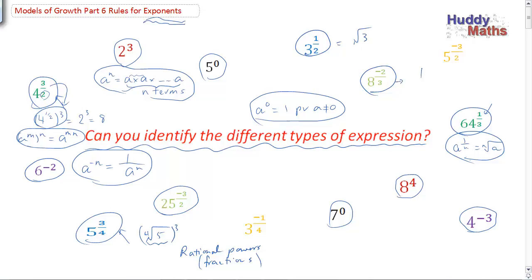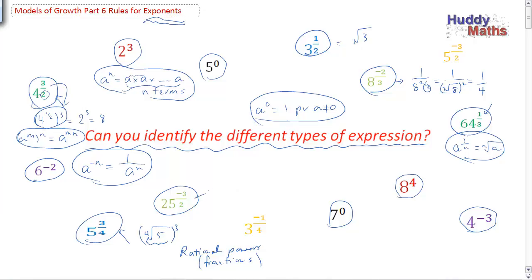This would mean 1 over, because of the negative exponent, 2 cubed, which is 1 over, let's do the denominator here first, the cube root of 8, all squared, which would be 1 over 2 squared, which is 4. Cube root of 8 is 2.